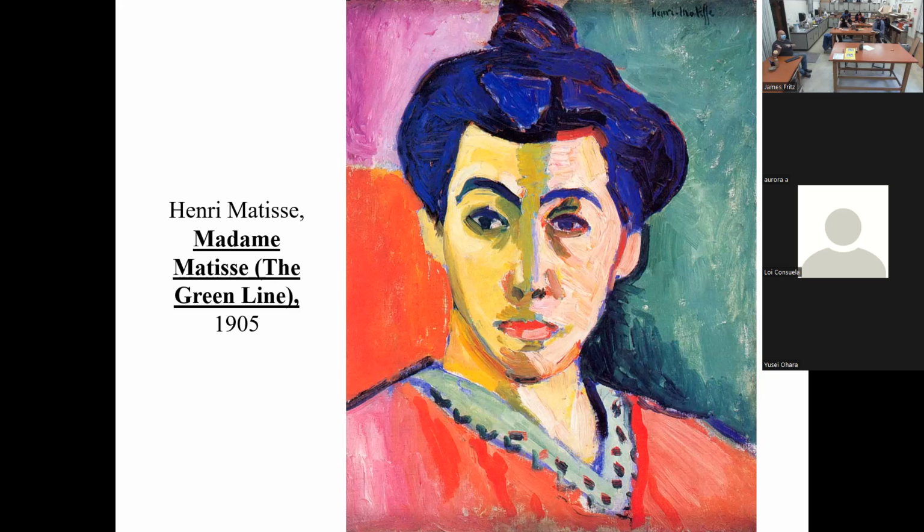So we've got the reddish orange on the one side on the right, and then on the left side is this really strange yellow green that I think is related to the green in the background on the other side, but it's got a lot more yellow mixed into it with some white, so that he's using colors to harmonize at the same time as he is using really crazy colors to go nuts with this composition. And where he mixed colors in the middle and also mixed them over the top blue, that's where we get this kind of green line coming down her forehead and the bridge of her nose.